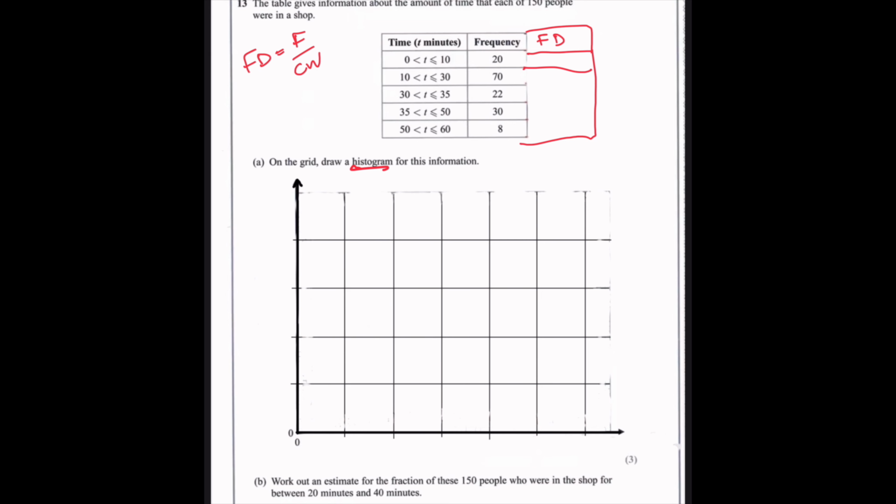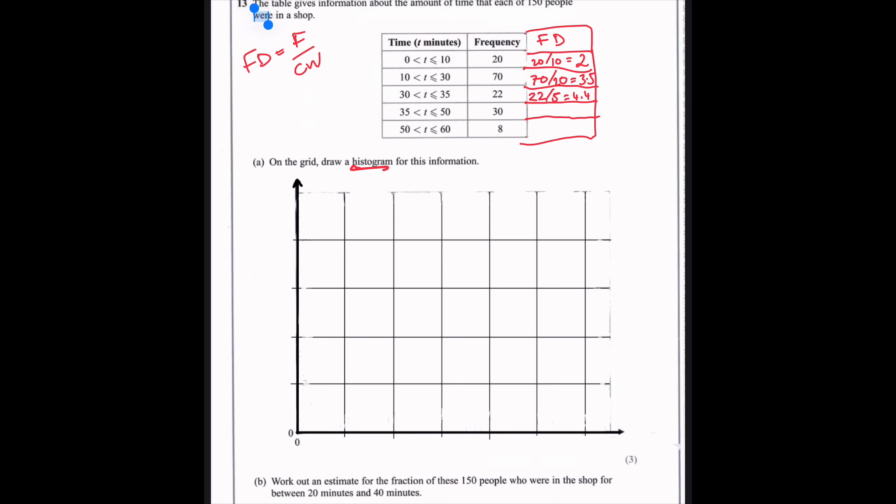So frequency divided by class width here, you have 20 divided by, the class width is from 0 to 10, so that's 10. So the frequency density is 2. This one, the frequency is 70, divided by the class width is from 10 to 30, so that's 20, which gives me 3.5. For the third one, it's 22 divided by 5, which gives me 4.4.